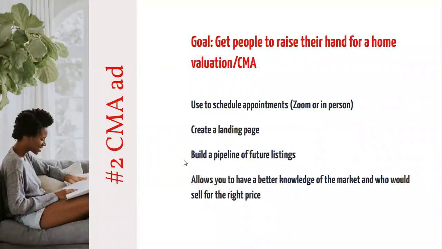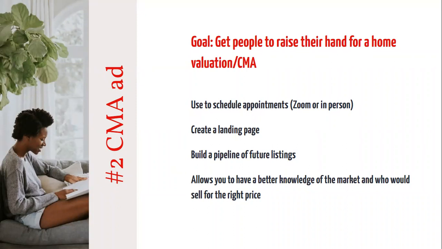But the key is, when you run an ad, there'll be a number of impressions that it'll count for how many times it shows up on people's scroll. And then from there, people will click. And if they click, then they can put their info in to get to the page that you want them to go to.